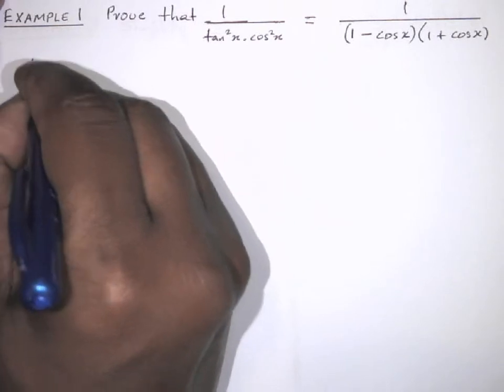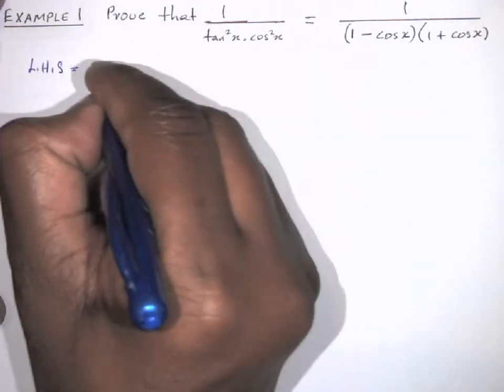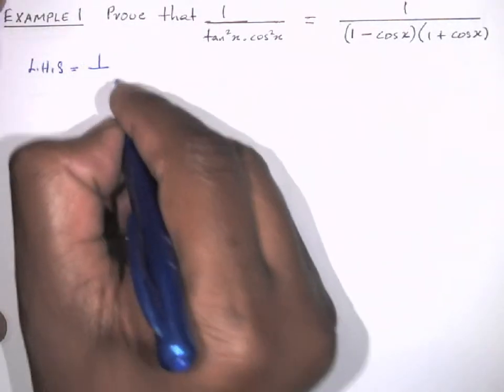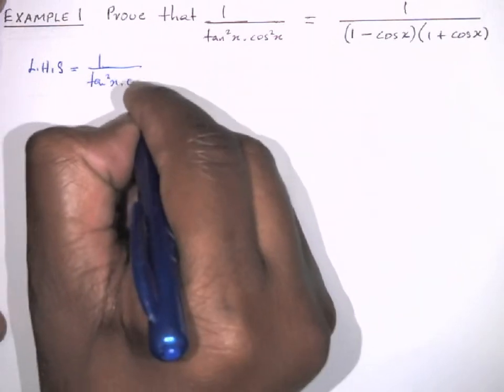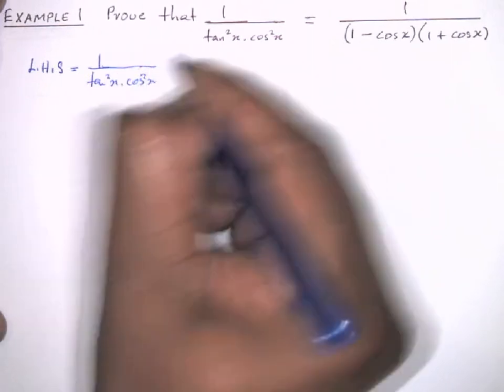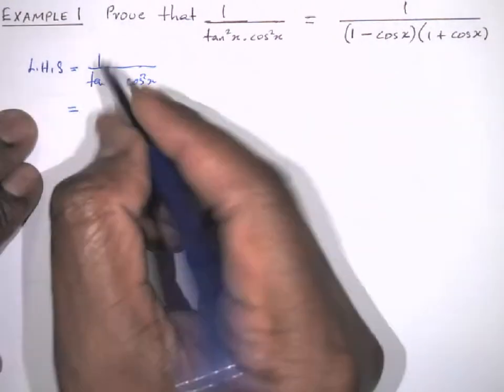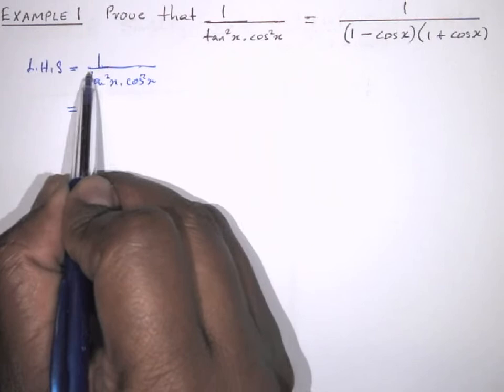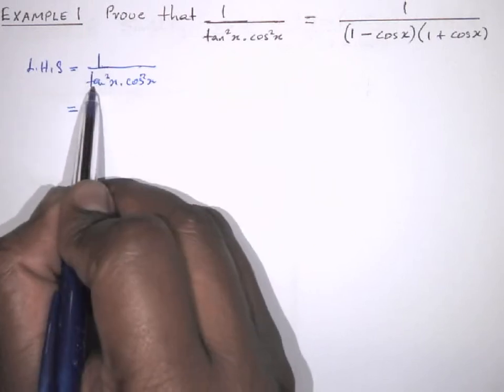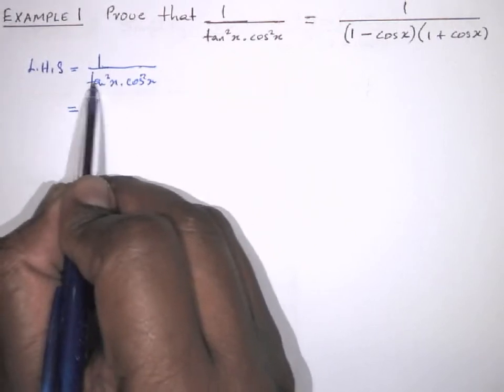So my left-hand side, which is 1 over tan squared x times cos squared x. I can simplify this because I can see here this is tan squared x. In our trig, we know that tan x is the same as sin x over cos x.